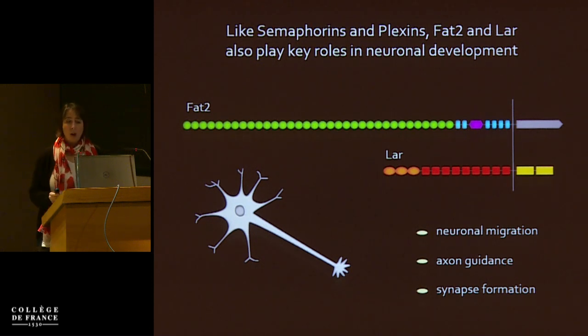In particular, LAR is best known for its roles in axon guidance and synapse formation. And although FAT2 has been less studied in this context, there's growing evidence that this is also a key neuronal guidance cue. And so this really made us start to wonder whether or not all of these proteins might be functioning together to guide these epithelial cell movements.